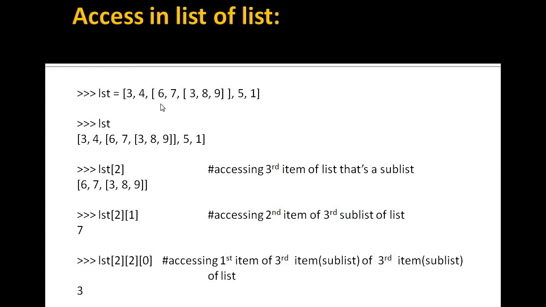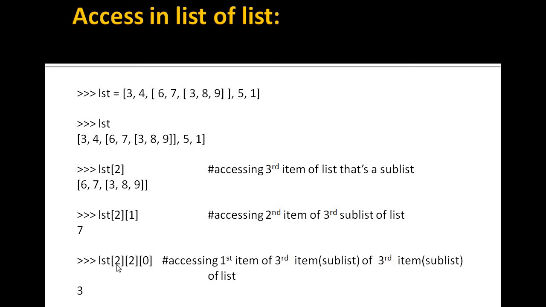So now suppose you want to access 3, then first access this sublist, then access this sublist, and then access this item. You can see here this sublist is at position 2 in the list, and this sublist is again at position 2 in this sublist, and 3 is at position 0.